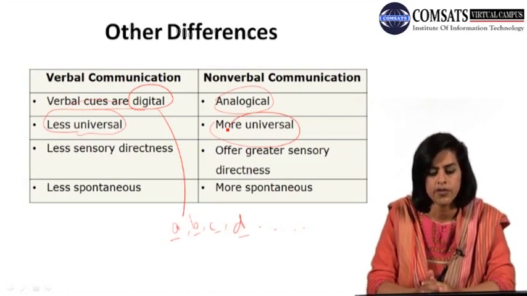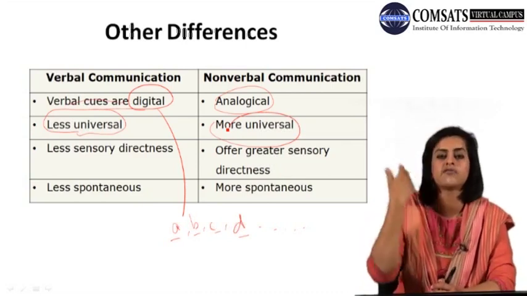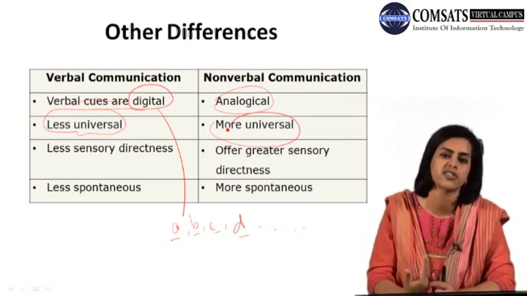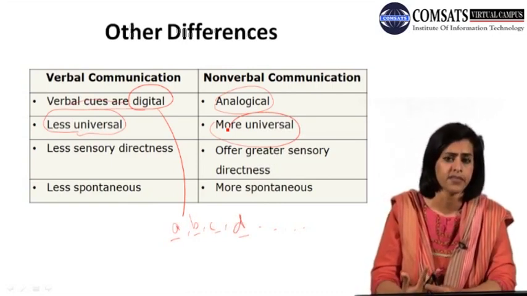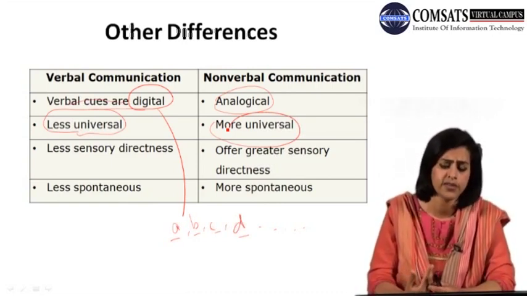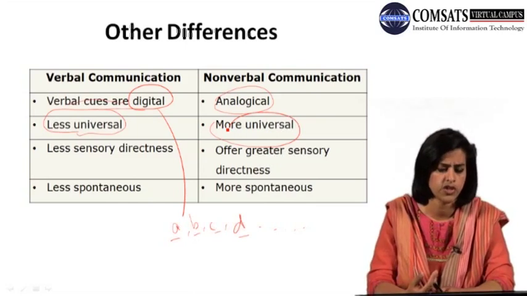However, non-verbal communication offers a greater sensory directness, and there is a greater chance that a larger number of senses are involved: sense of sight, touch, smell, hearing, and taste. All of them are involved in your non-verbal communication.